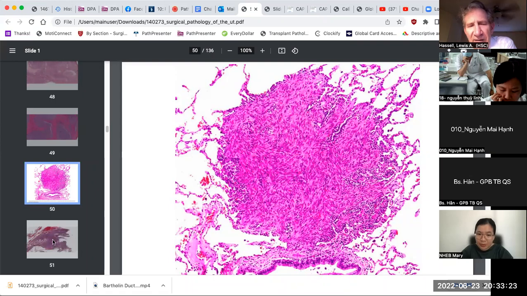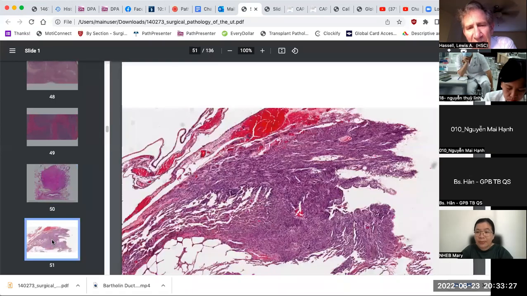In contrast, lymphangioleiomyomatosis tends to occur along the subpleural spaces and the interlobular septi, because it's occurring in the lymphatic drainage spaces, not in the vasculature from the pulmonary arteries. So location can help you.